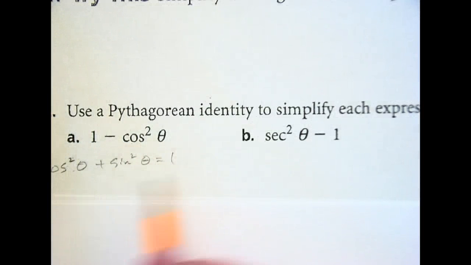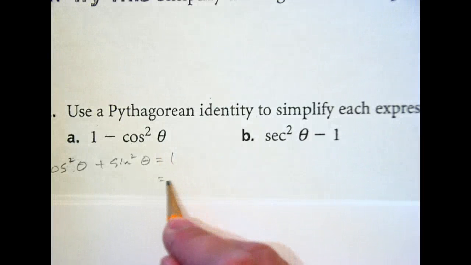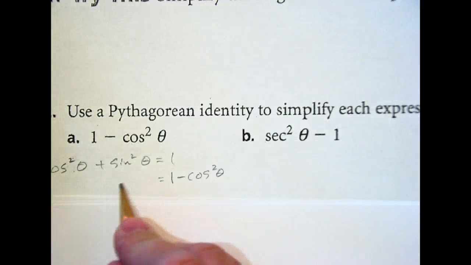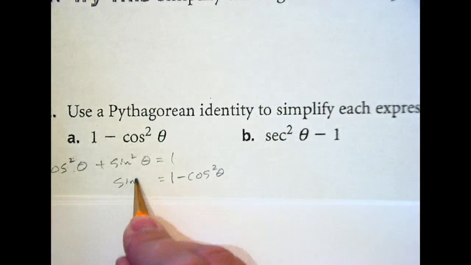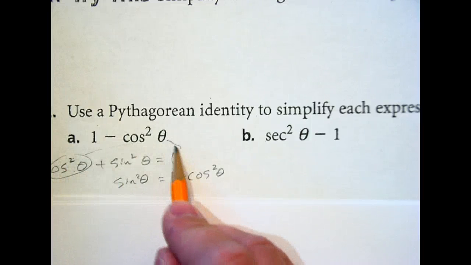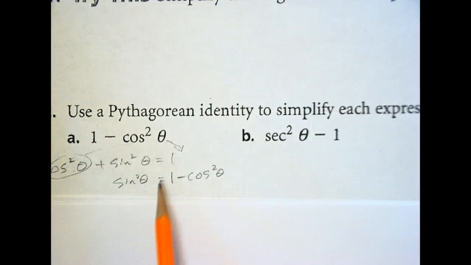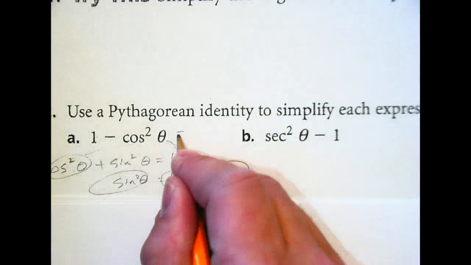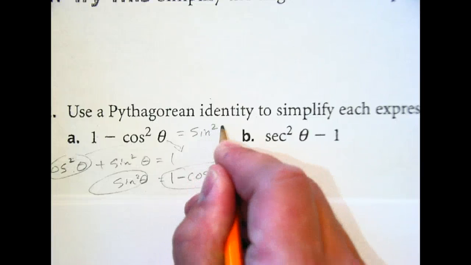If I subtract cosine squared over to here, I get 1 minus cos squared theta equals sine squared theta. That's by taking this and subtracting it to the other side. So that equals that. That means 1 minus cos squared theta, another way of writing that, is sine squared theta.